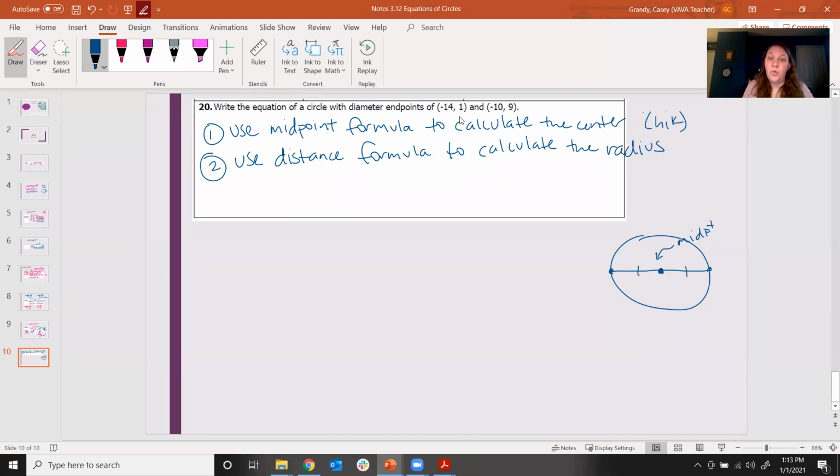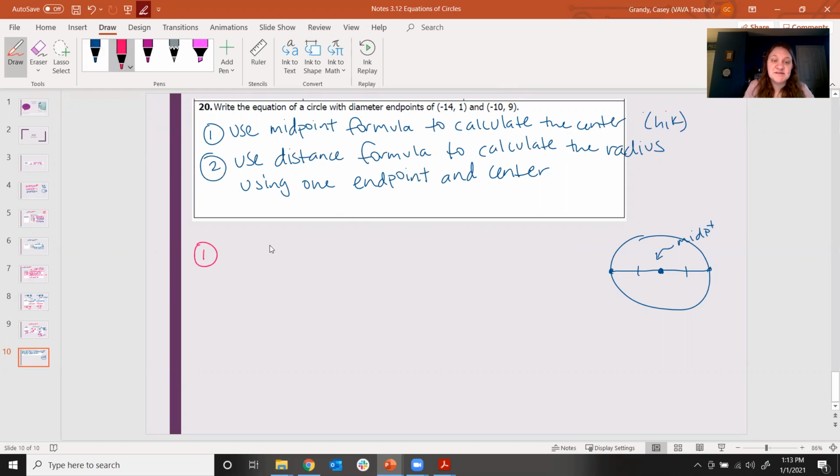And you'll use one of these 2 points and the center. And it doesn't matter which one you pick for that. The other way you could do it is you could use the distance formula to calculate the length of the entire diameter using both of those points and then dividing it by 2 to find the radius. I like this way better. Okay, so let's practice doing that.